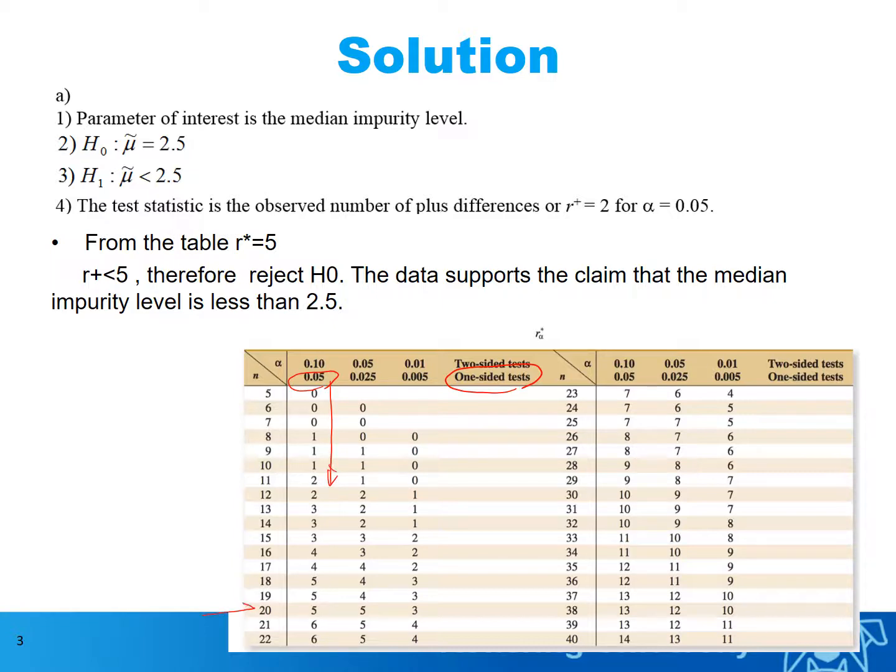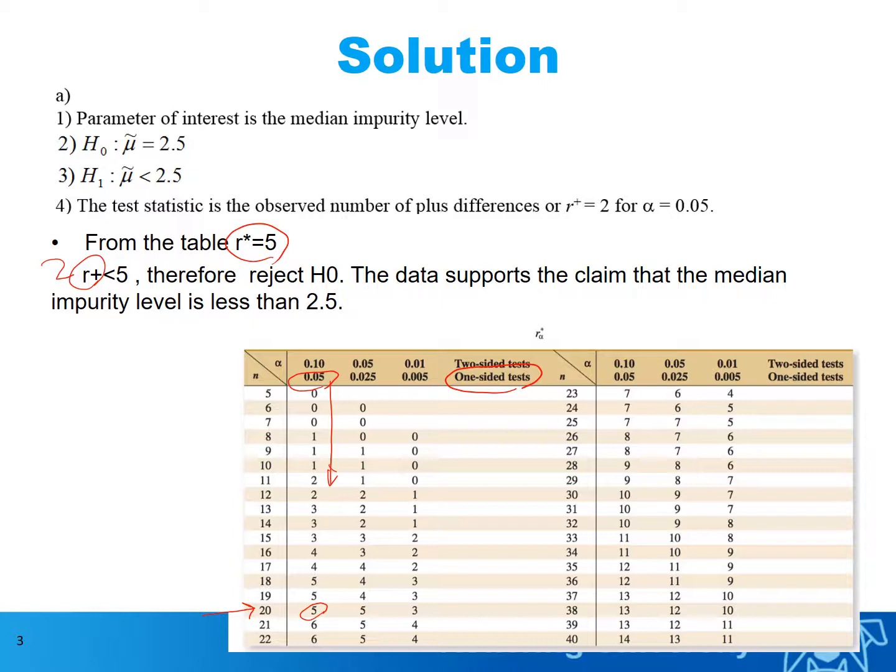Instead, it should be equal to 20, because 20 is the number of non-zero differences. So the critical threshold that we have will be equal to 5. The number of positive differences was equal to 2, which is obviously less than 5. So based on the guidelines that we had, I have to reject H0.